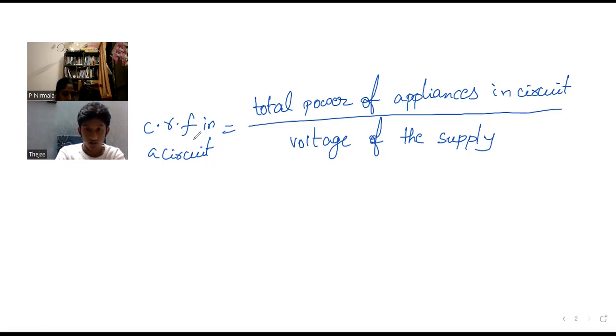A single pole switch disconnects only the live wire from the appliance. A double pole switch, the main switch at the distribution board, is used to switch the mains on or off. A double pole switch disconnects both the live and neutral wires. This is the difference.